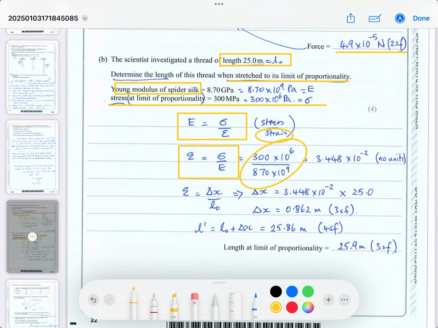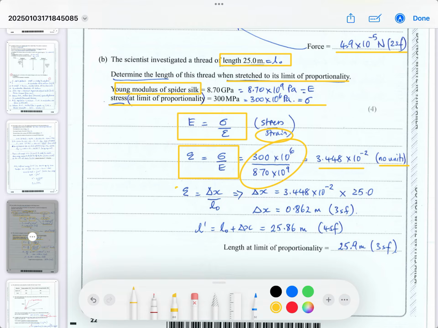And you end up with an answer to 4 significant figures of 3.448 times 10 to the minus 2, no units. Why is it no units? Because it's strain, which is extension divided by length, so 2 lengths divided by each other are dimensionless. It's just a ratio.